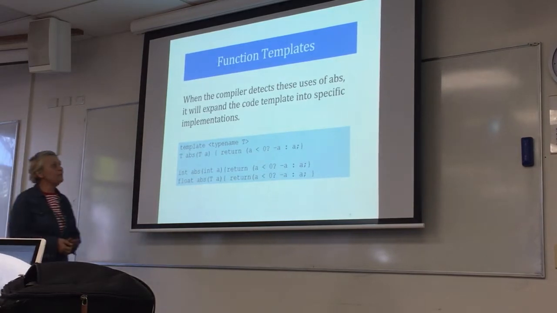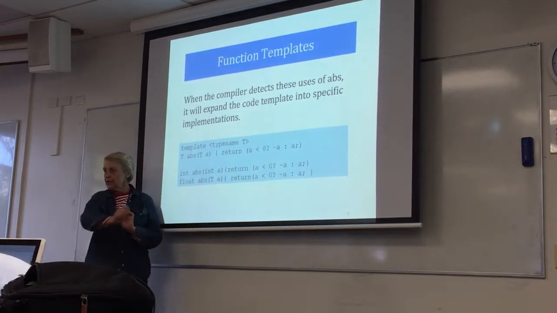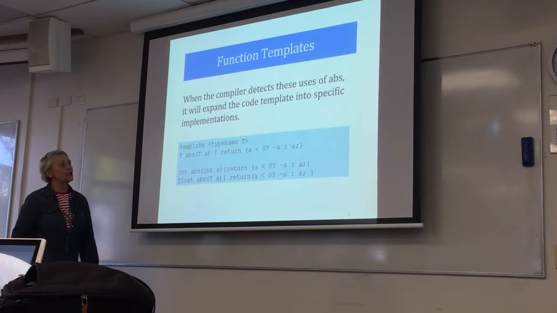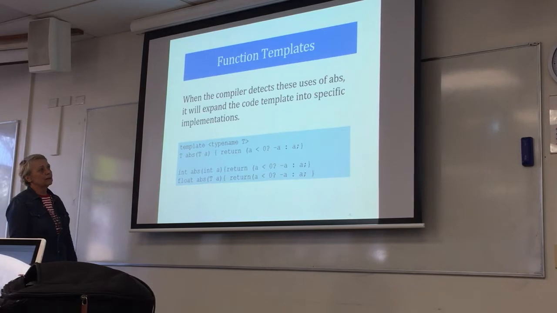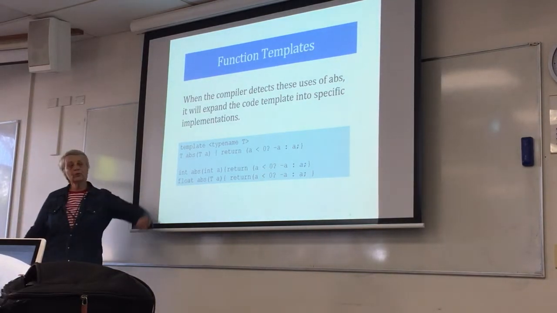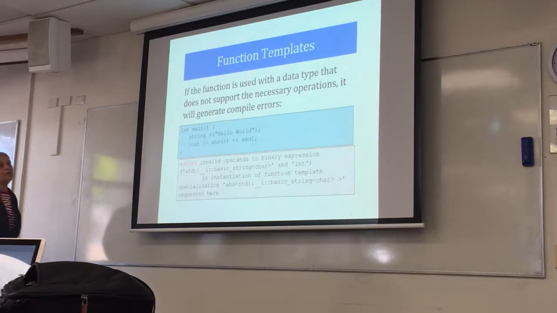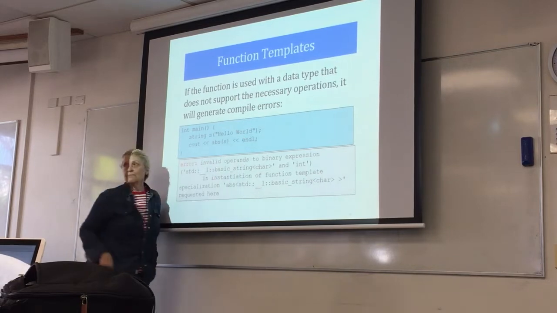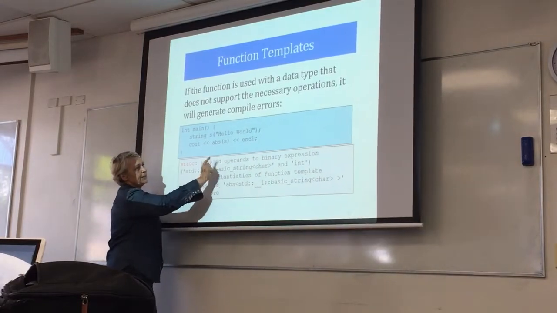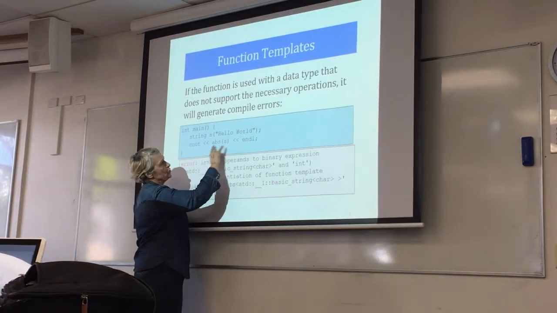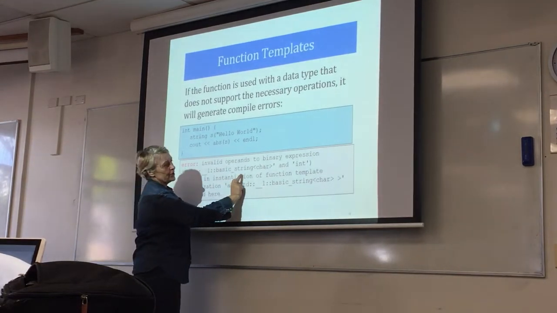So, as I mentioned before, when we call our function with an integer, this function is created for us, written and included in the object file, which we have seen is created by the compiler. These two functions are used for the example. If we try to use it with this type, strings do not compare to 0, notice the error: invalid operands to binary expression. The binary expression was z less than, in instantiation of function templates.